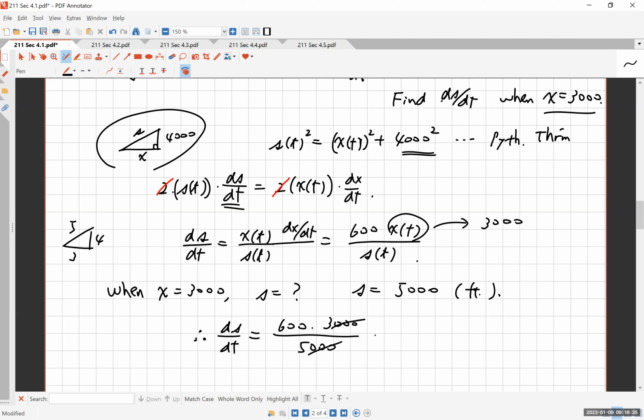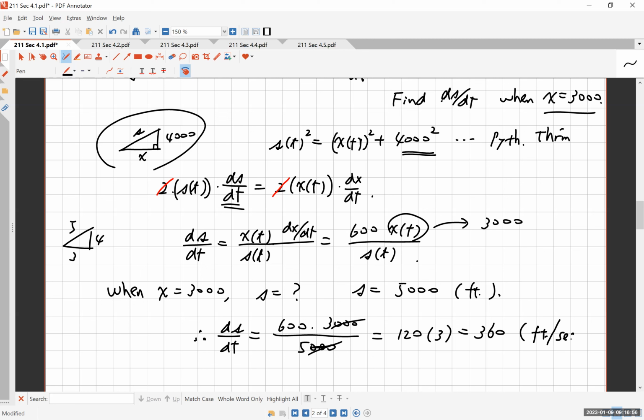Lots of zeros. Let's just cross out a bunch of zeros. And in fact, you get 600 over 5, which is 120, and so the answer is going to be 360. Now, what are the units involved? It is the rate of the distance, and the distance we have been using is feet.